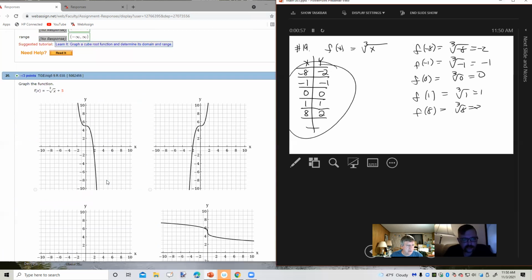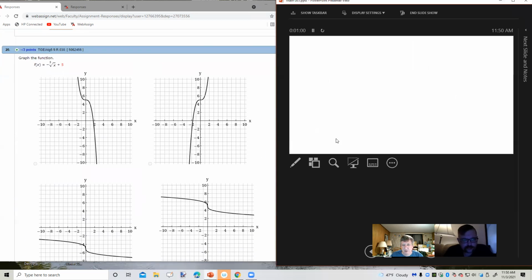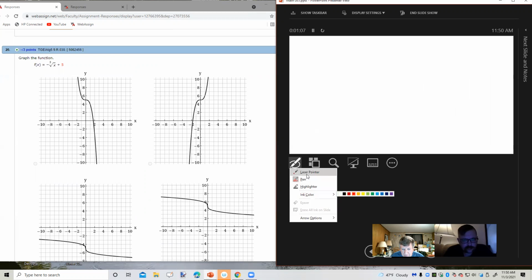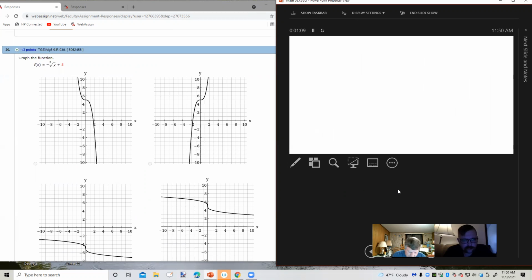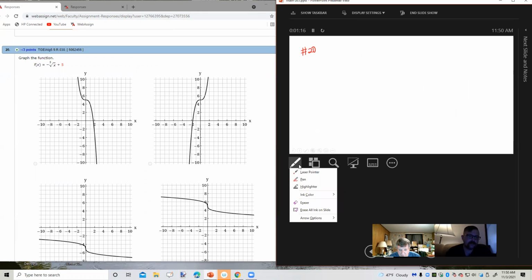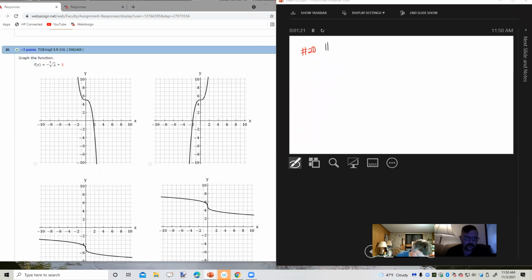Okay, we're going to go on to number 20. And 20 is the same thing. Oh, I thought I chose the black pen. There we go. So number 20. Graph the function f of x equals negative the cube root of x plus 5.